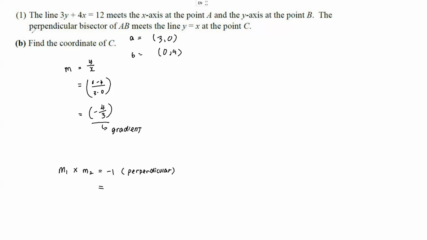Since in this case it is, we can plug in the first one to find the second gradient, and you will get 3 over 4. This is the gradient of the line perpendicular to AB.